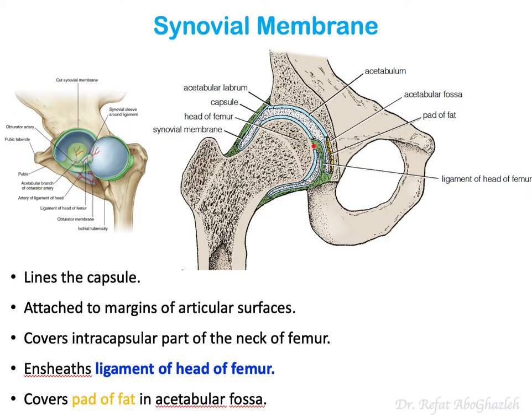This is the ligament of head of femur, as we mentioned earlier, that attaches to the fovea capitis and the transverse acetabular ligament. Anyway, the synovial membrane covers that ligament, and also it reflects anteriorly to cover the pad of fat that is located in the acetabular fossa, as you see here.